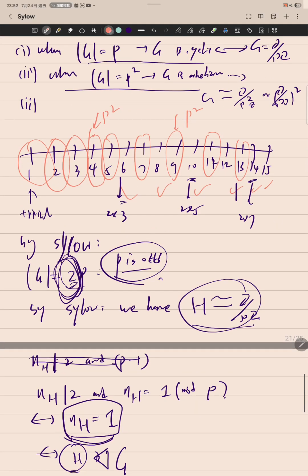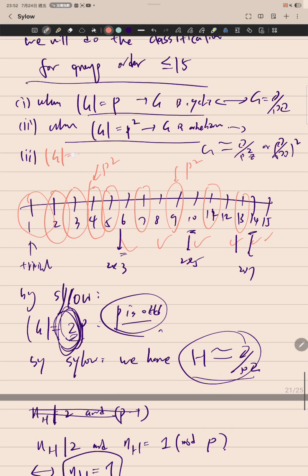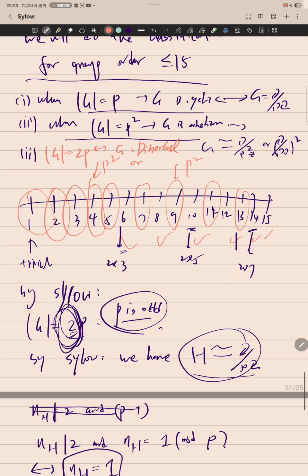Okay, so this proves the third theorem: when the order of G is 2 times P, then G is either dihedral or abelian. So this solves all these problems, 10 and 14.